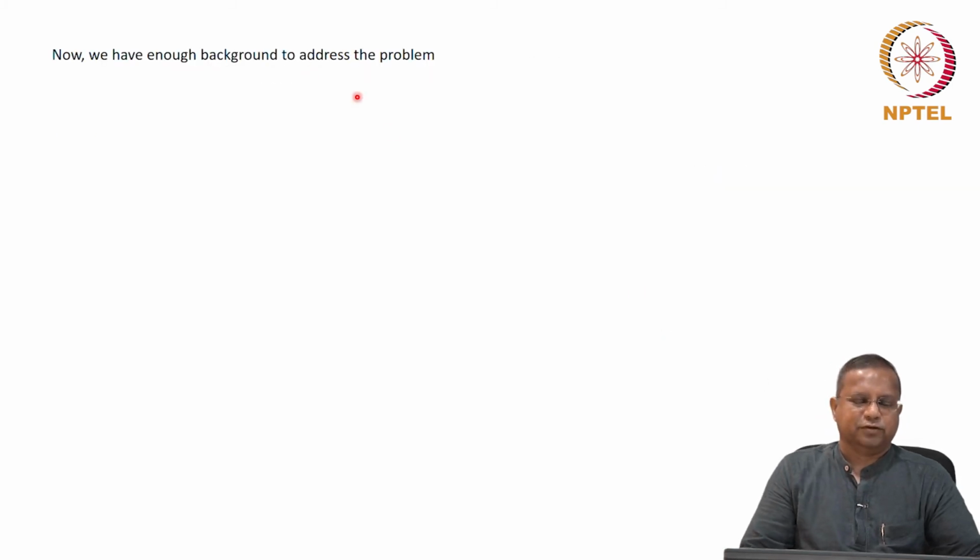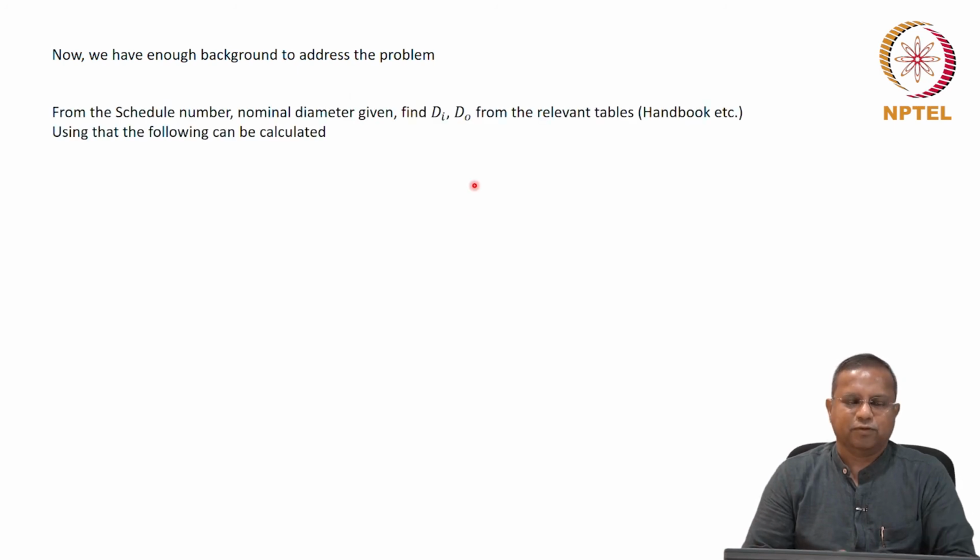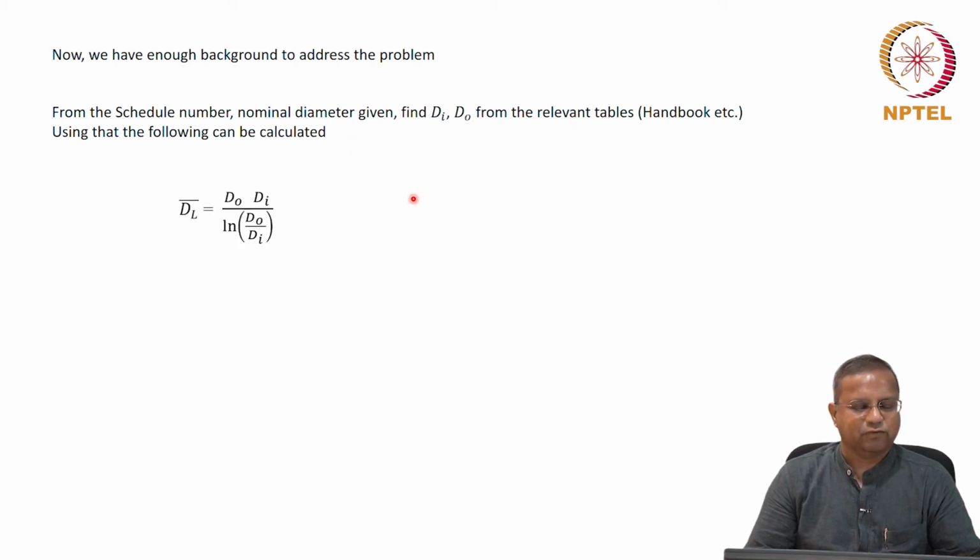Now, we have good enough background to address the problem. From the schedule number that is given and the nominal diameter given, you can find di and do from the relevant tables, and using that the following can be calculated: do minus di divided by ln of do by di, the logarithmic mean diameter. Please note, the minus is missing here.